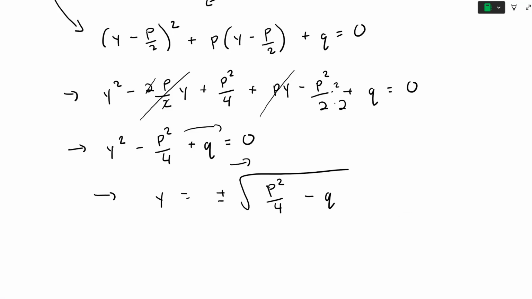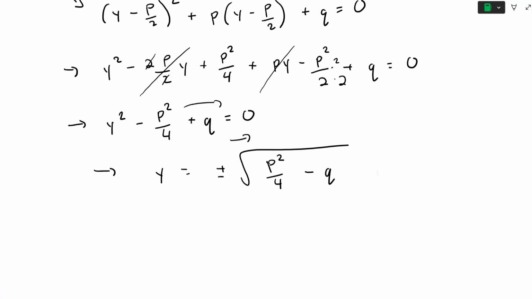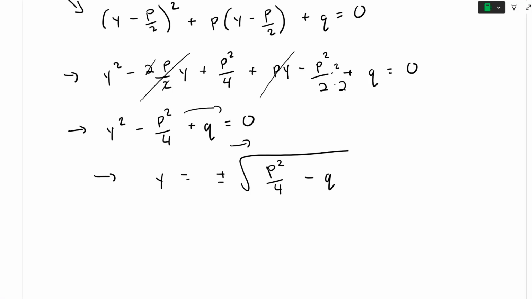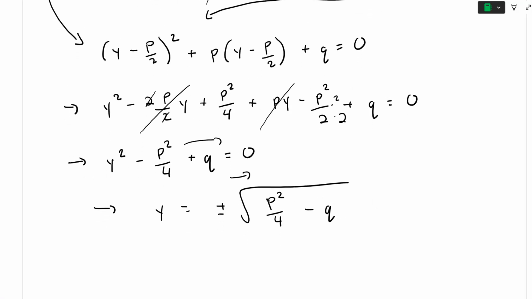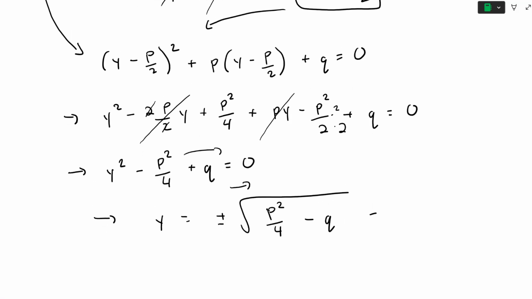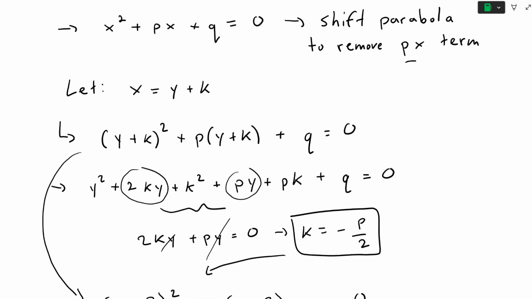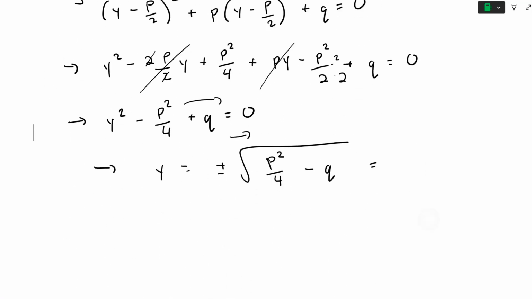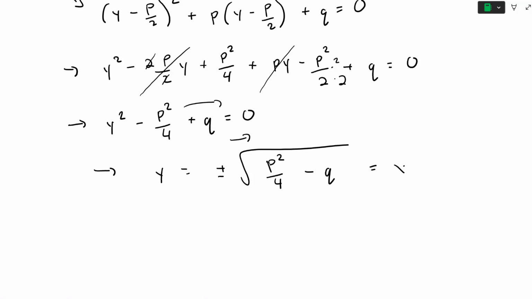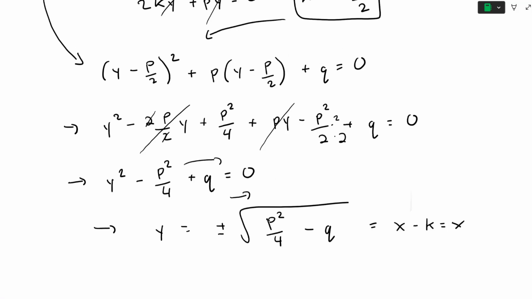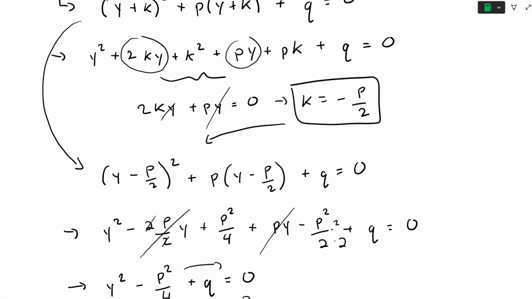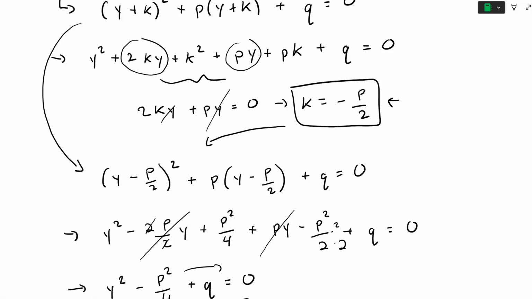And we know that x is equal to y plus k, so y equals x minus k, which equals x plus p over 2.